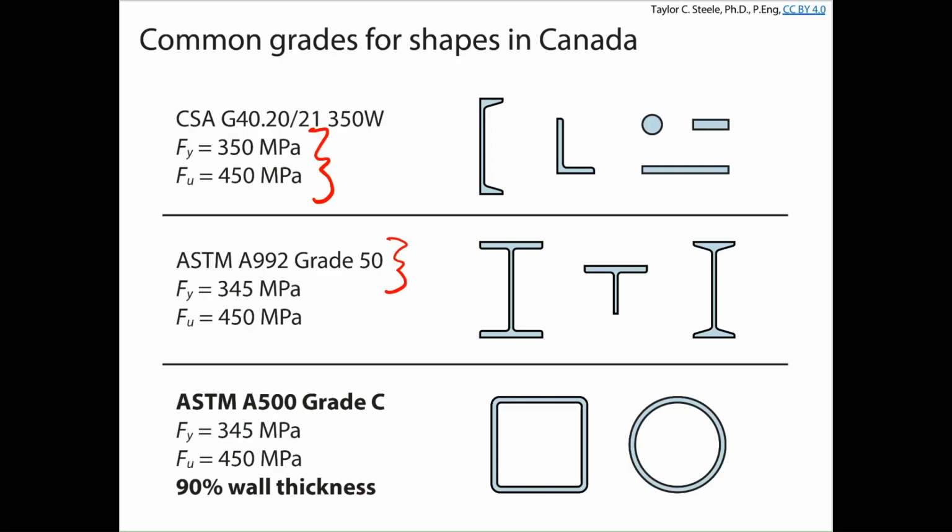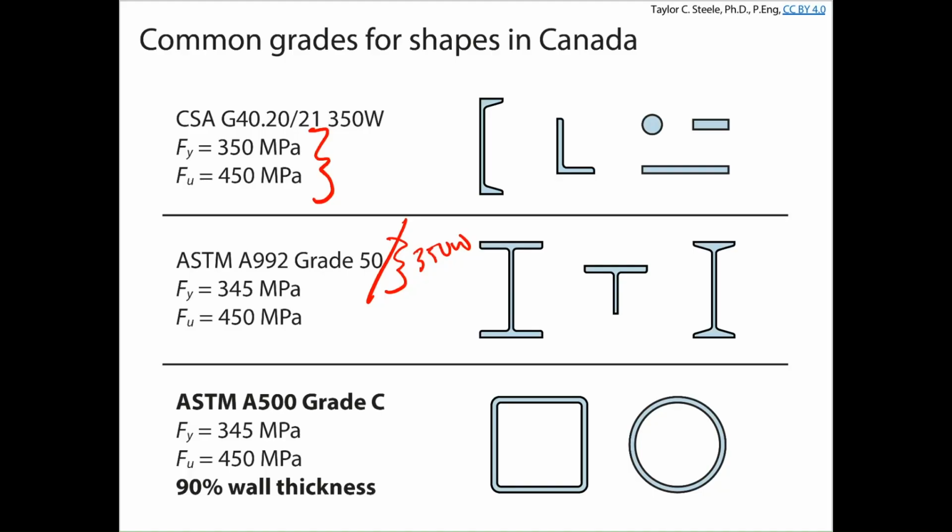And if we were to convert 50 KSI to MPa, it's about 345 MPa. Now, in more recent years, they've been trying to also get what's called dual certification to also call this 350W, just because. But generally speaking, what you're going to see in the handbooks, whenever you're dealing with grade 50, your strength's going to be 5 megapascals lower than we otherwise would for 350W steel.